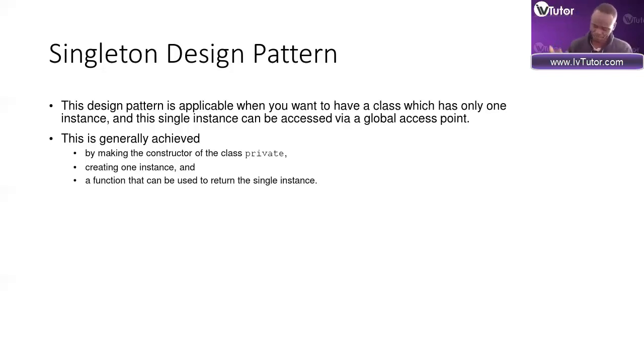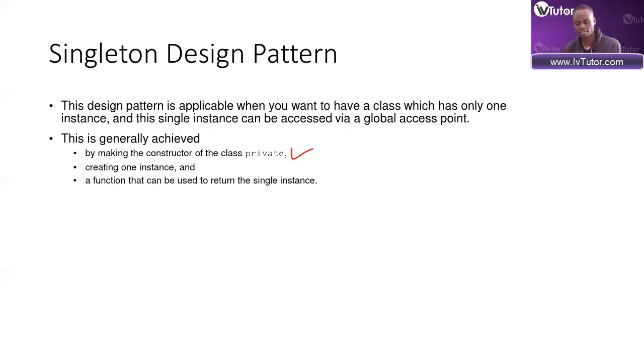But basically, to do the singleton design pattern, you're just going to do three things, right? The first thing you're going to do is make the constructor private. Once you make the constructor private, it means that outside of this class it's now impossible to create an instance of this class.